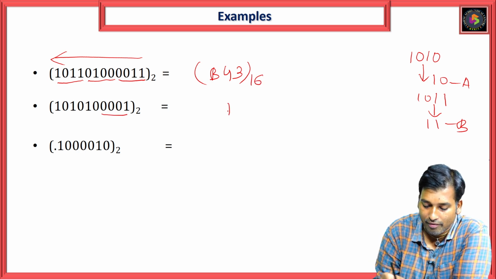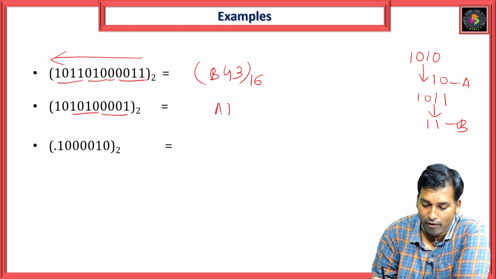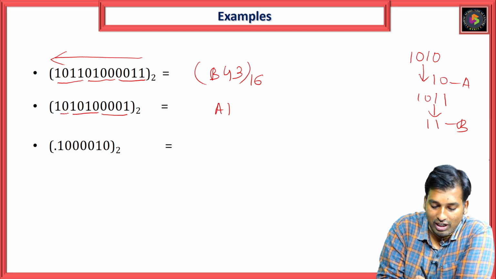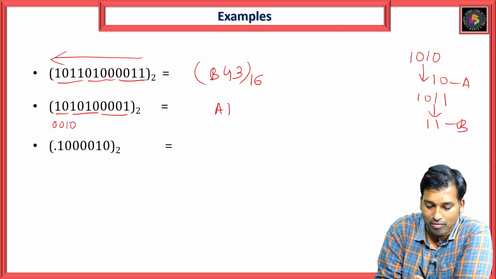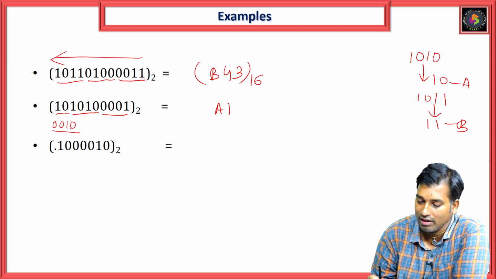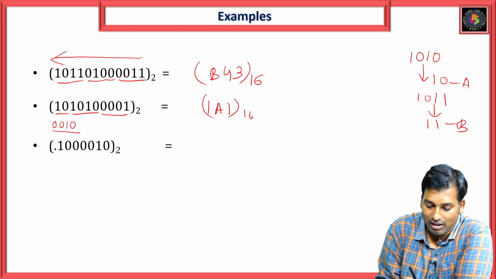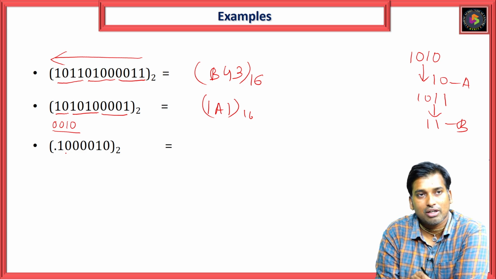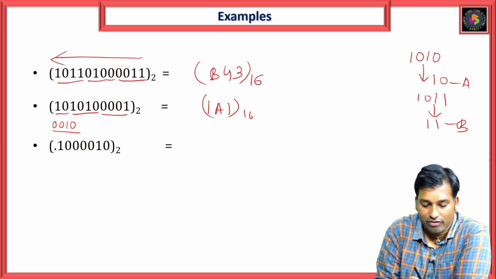Similarly, this is 4, this is 1, this is A, and for this you can add 2 zeros to get 4 bits, this is 1. This is nothing but 1A1 base 16. Similarly, in the case of fractional part, we have to go from left to right.